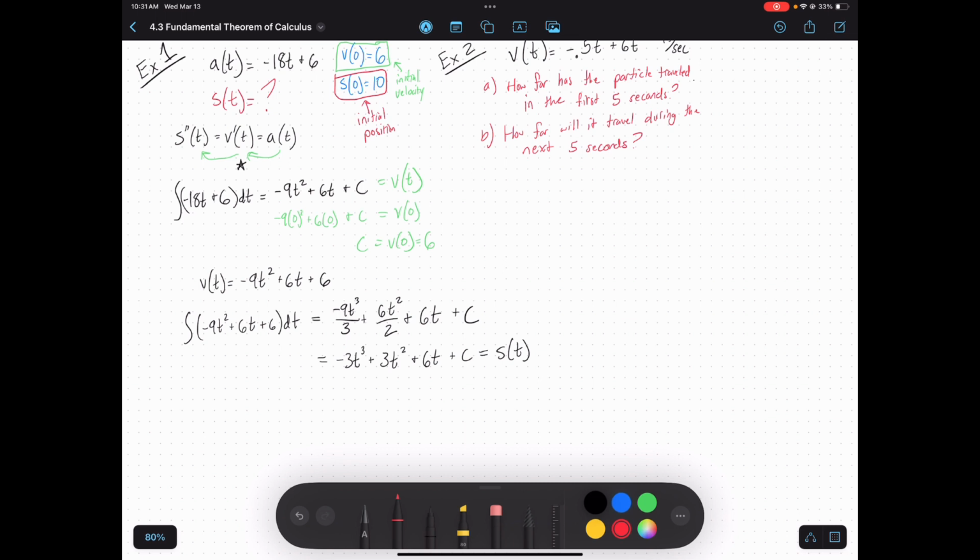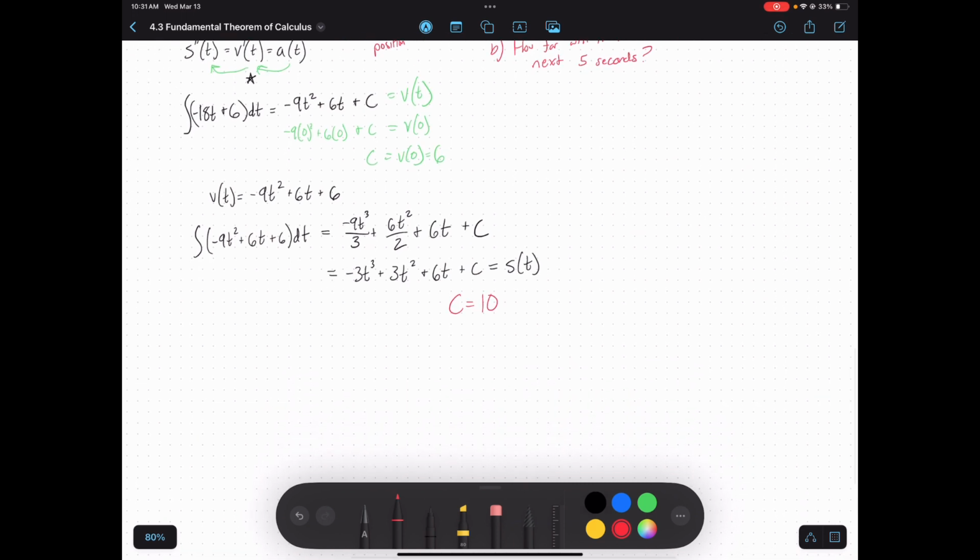Well, the same thing's going to happen. All I'm going to be left with is c again. So all I need to do is say, okay, c is going to equal 10, because my initial position is 10. So that leaves me with the following function: negative 3t cubed plus 3t squared plus 6t plus 10. And that would be my final answer.